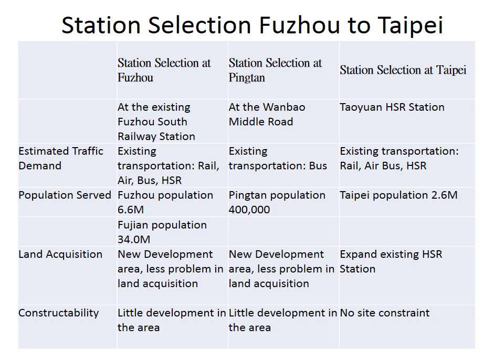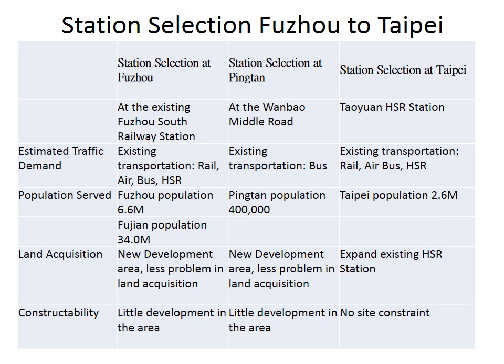On Pingtan Island, on the other hand, they mainly use buses as the most common transportation. For the population served, Fuzhou is 6.6 million, Pingtan Island has approximately 400,000, and Taipei is around 2.6 million.